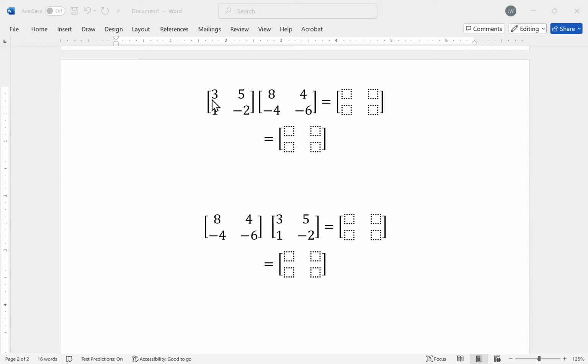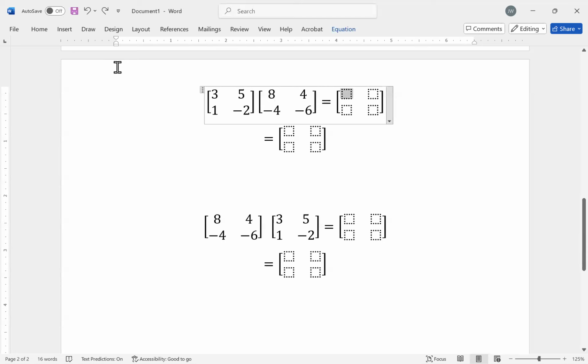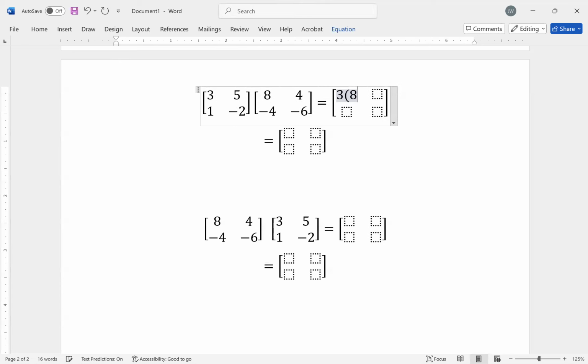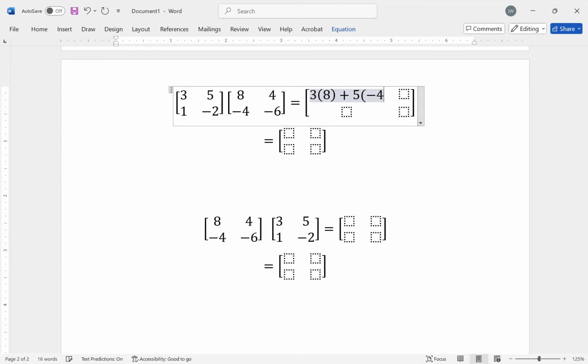So let's go ahead and do the multiplication. I'm going to take my first row, 3, 5, times my first column, 8, negative 4. That's going to be 3 times 8 plus 5 times negative 4.